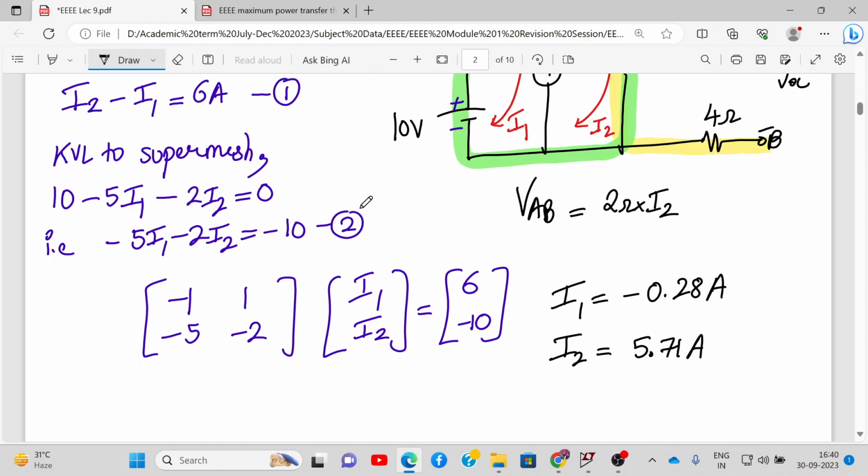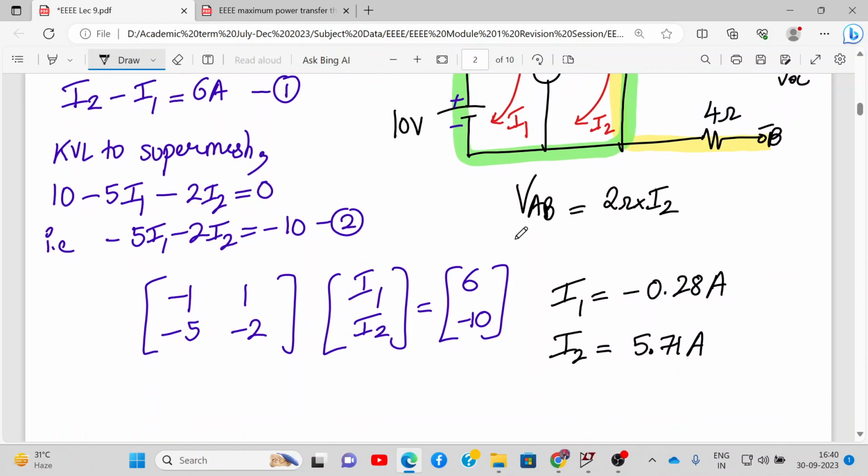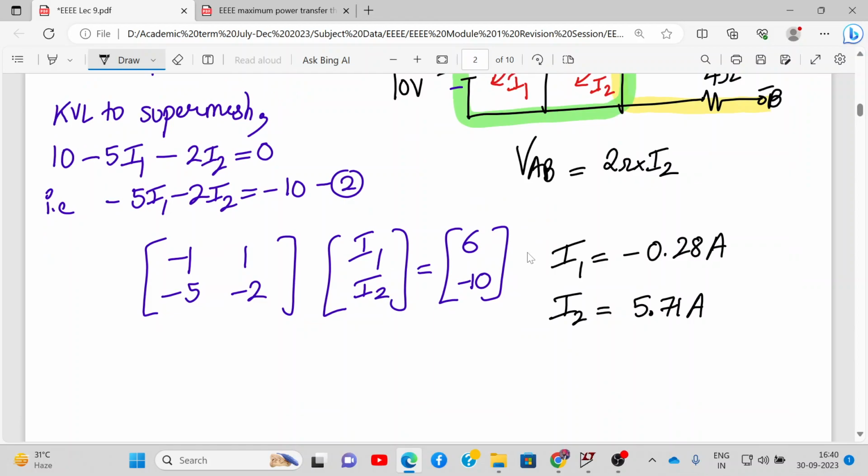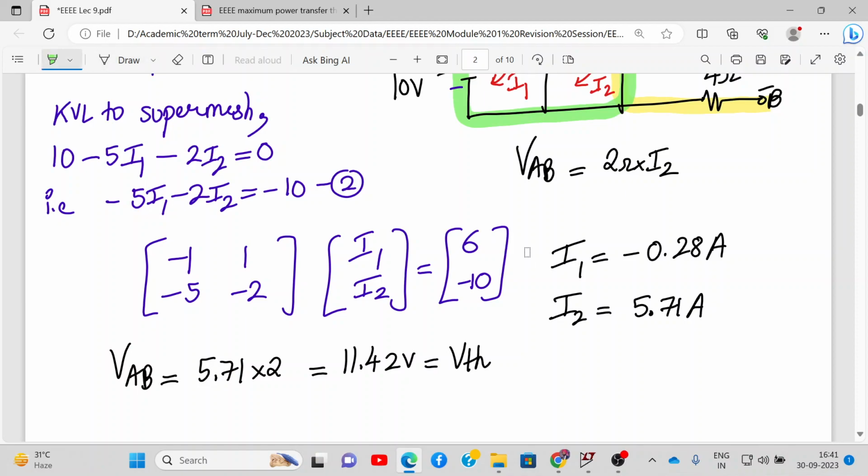Alright, so here we know that VAB is 2 into I2, so we'll calculate VAB. VAB is I2, which is 5.71 into 2, which is coming out to be 11.42. So we got the answer of VTH, which is 11.42, and this is the Thevenin's voltage. So we have found the Thevenin's resistance and Thevenin's voltage.